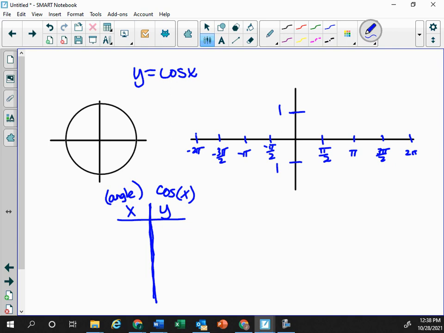Alright, let me put it up here, guys. Alright guys, there's your cosine graph.